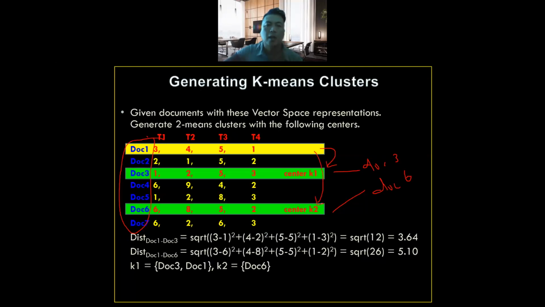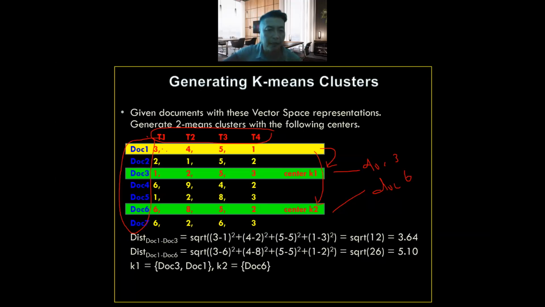How do I know? I will compute the differences between the terms that we have here. T1, T2, T3, T4 refer to the keywords or terms that exist in the documents. I will compare first, using the Euclidean distance.